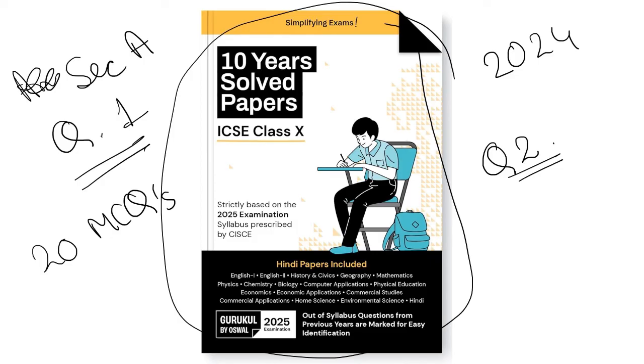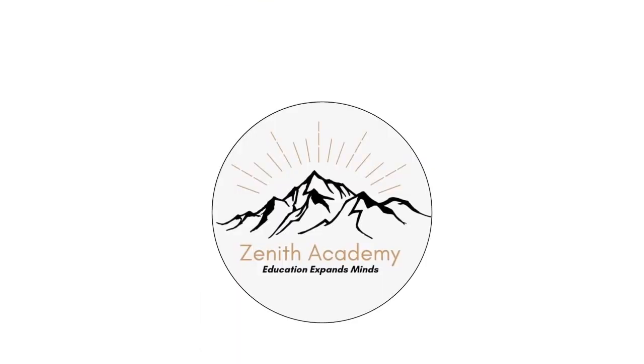And even out of the syllabus questions which were there earlier, okay, from the previous years, they are there in the book, but they are marked so that you can easily identify them. Okay, so that's overall a very good book, and highly recommended by Zenith Academy Online.